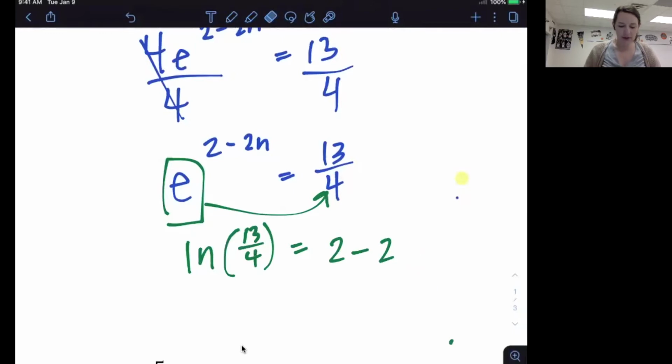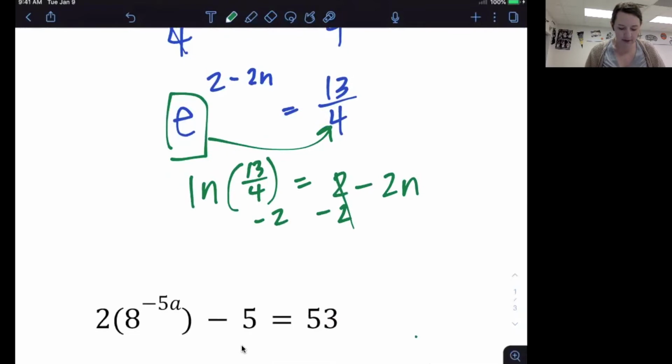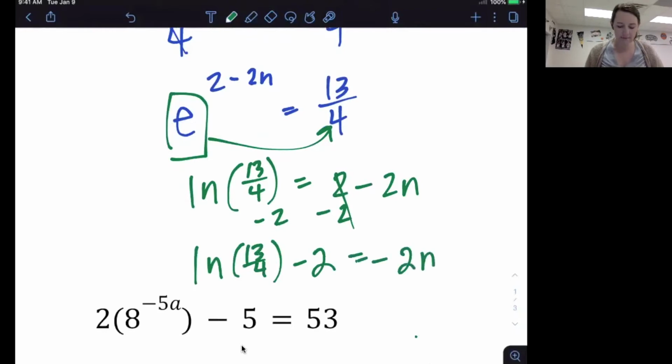So at this point, you could go ahead and figure out what the natural log of 13 fourths is. I'm going to go ahead and subtract 2 to get rid of that. So I have the natural log of 13 fourths with a minus 2 on the outside equals negative 2n, and then we can divide by negative 2.